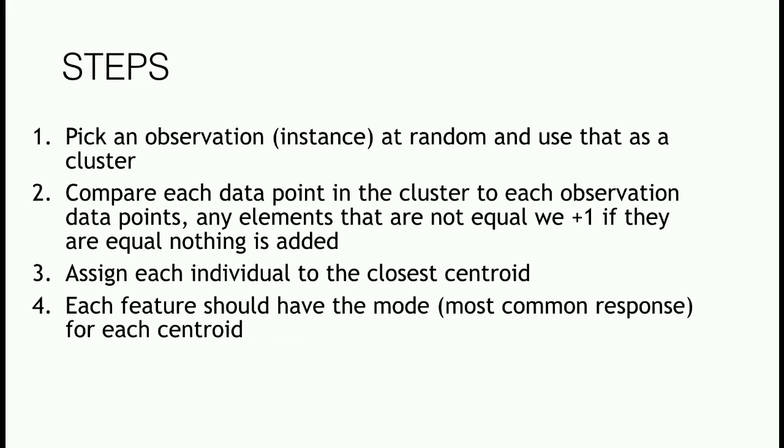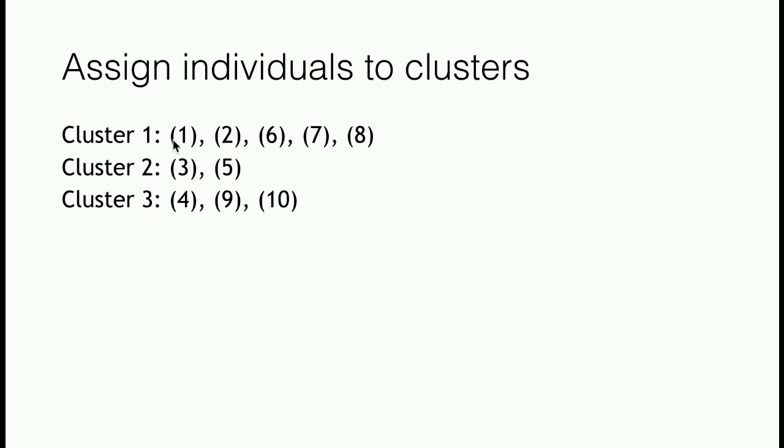So if I'd done this process again, and I ended up with the clusters being assigned to individuals 1, 2, 6, 7, and 8 for cluster 1, and 3 and 5 for cluster 2, basically the same as over here, and I made no changes, then I'd stop the algorithm.